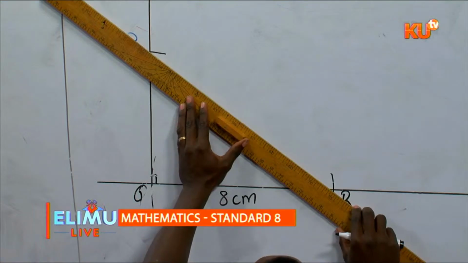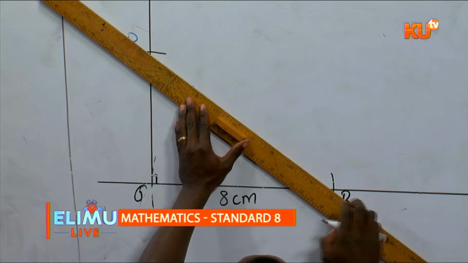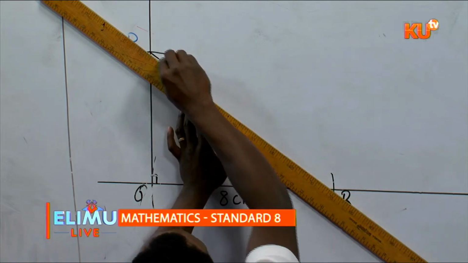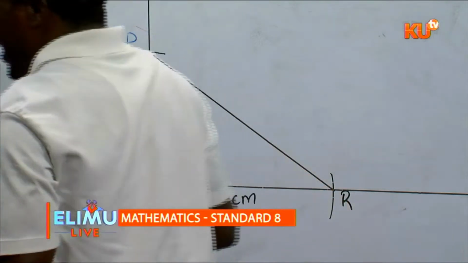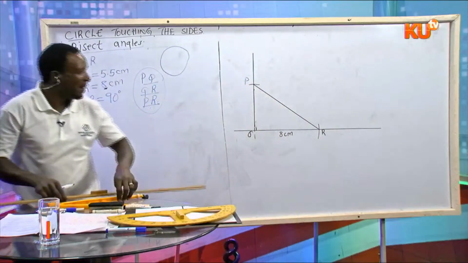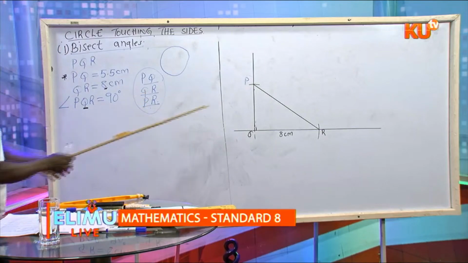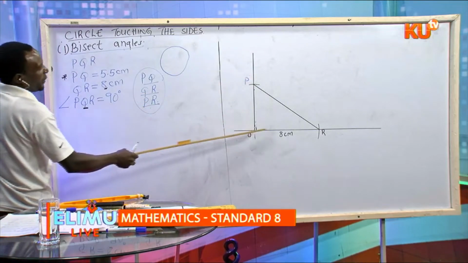This and this. There. We have now our triangle PQR.